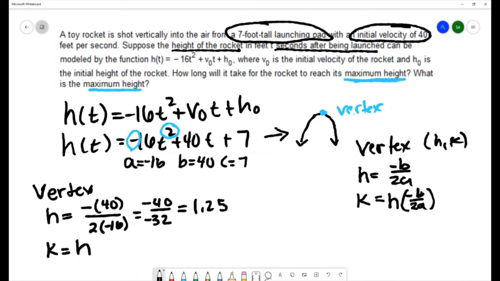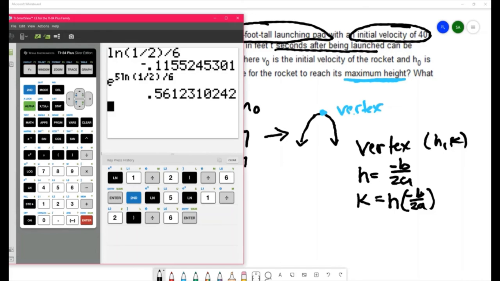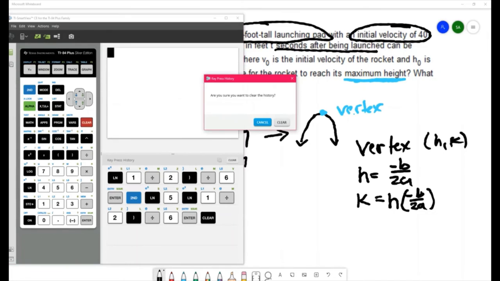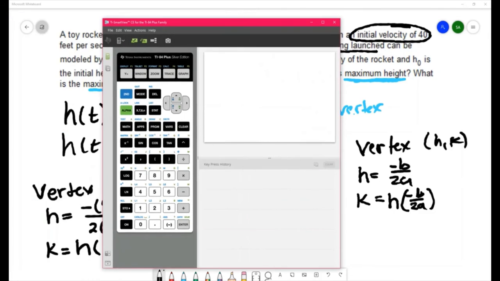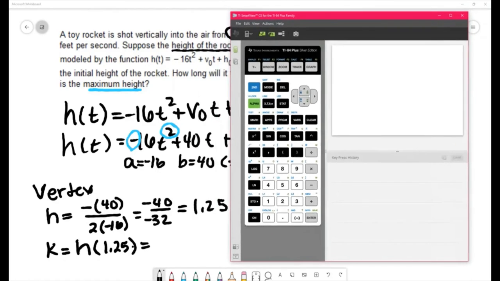So we're finding the height at 1.25 seconds, and we'll use our calculator to do this. Let me write it out first.